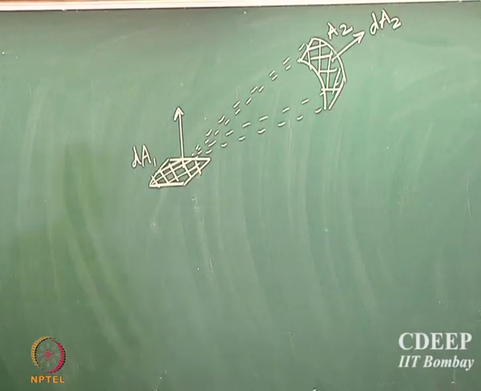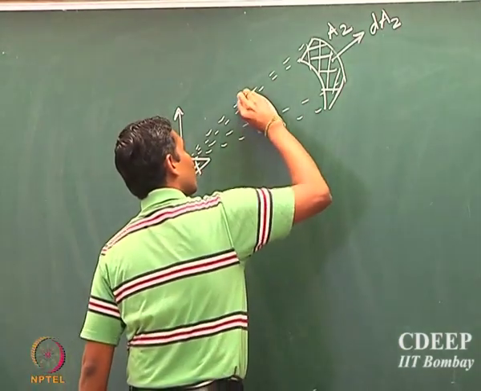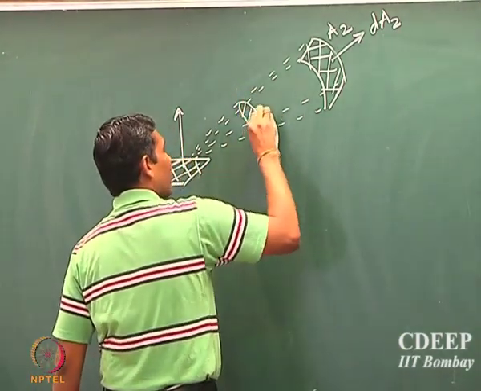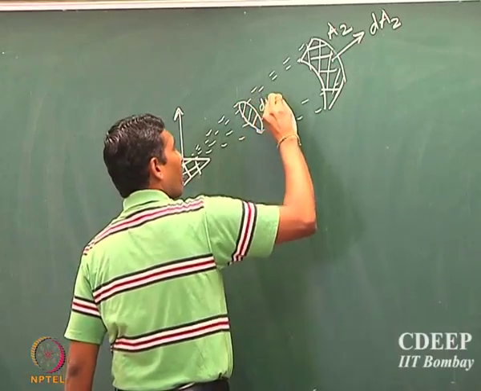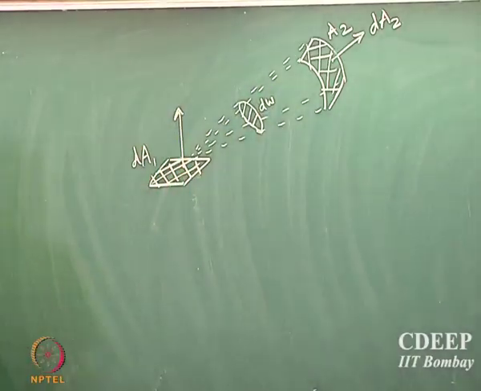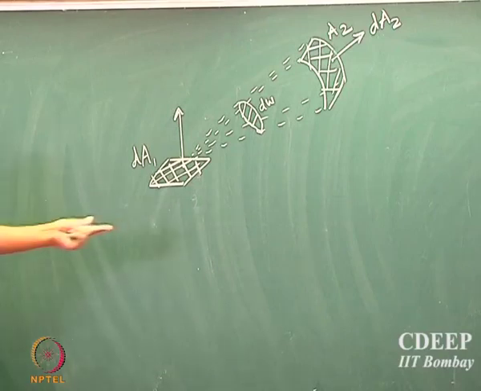So, that is the solid angle. If I call this d omega, I can extend this concept of finding the angle in two dimensions into a three-dimensional system.